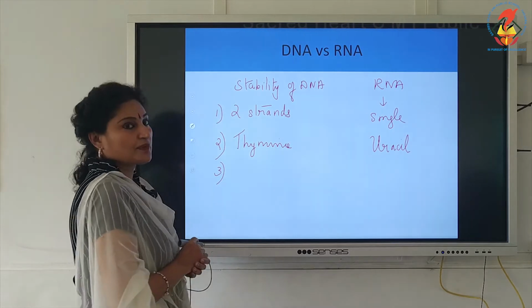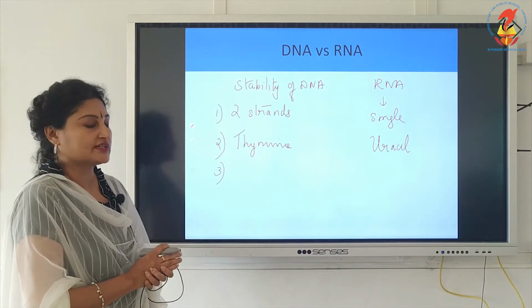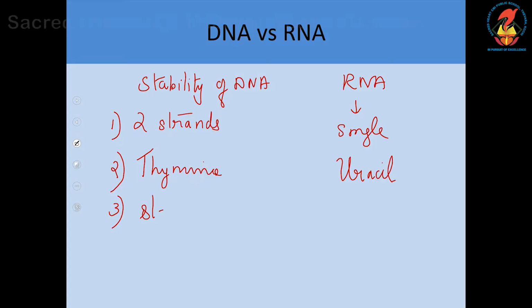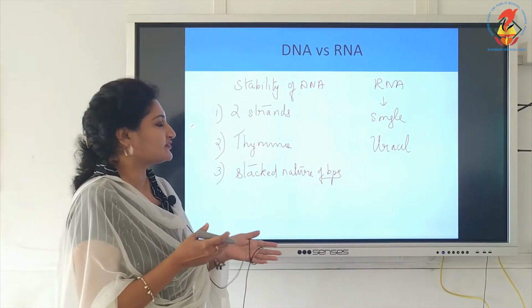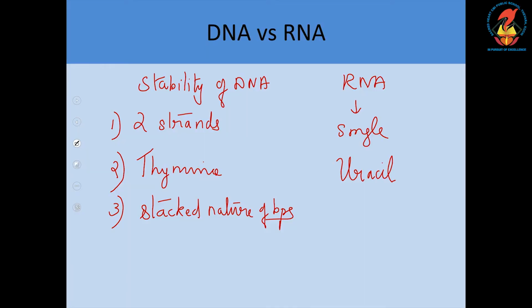Third reason, as proposed by those two scientists who found out the real structure of DNA, Watson and Crick, the stacked nature of the base pairs. We have learnt in the double helix structure that the stacked nature of the base pairs confers stability to DNA, whereas here there is no stacking of base pairs because it is single stranded. So there is no point in telling about RNA.